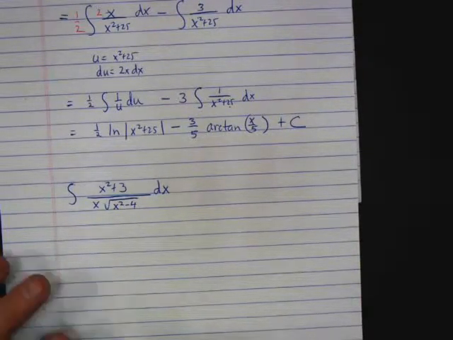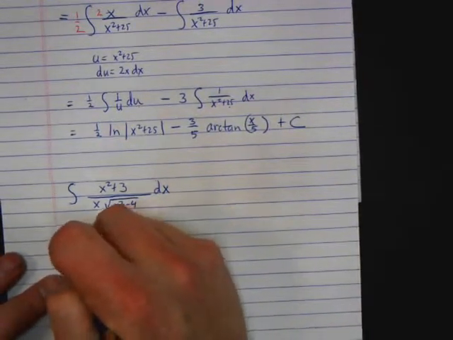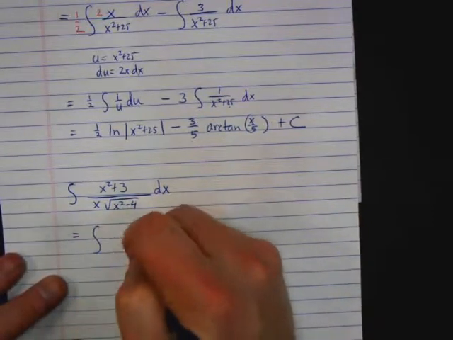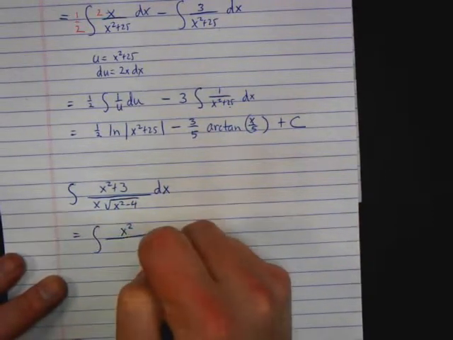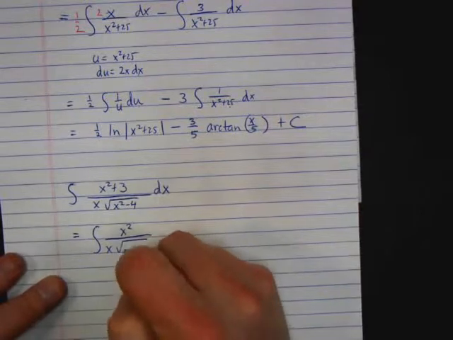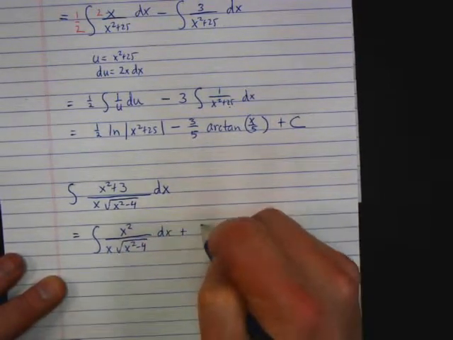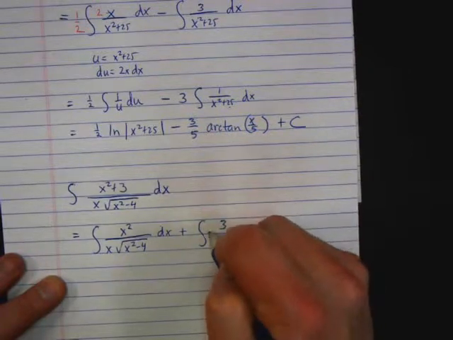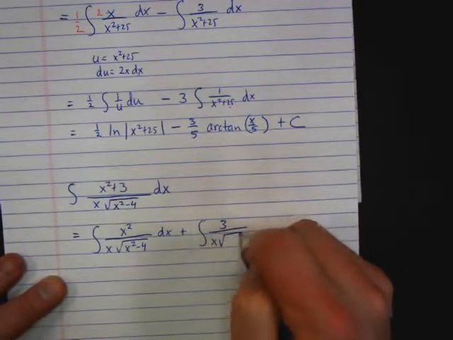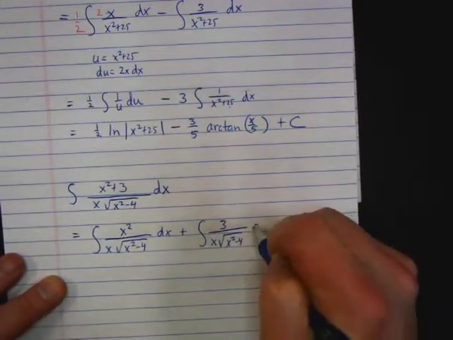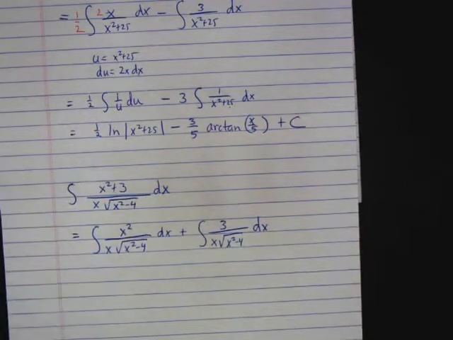Same deal, split it. So that's going to be the integral of x squared over x square root of x squared minus 4 dx plus the integral of 3 over x square root of x squared minus 4 dx. Split it on the numerator.